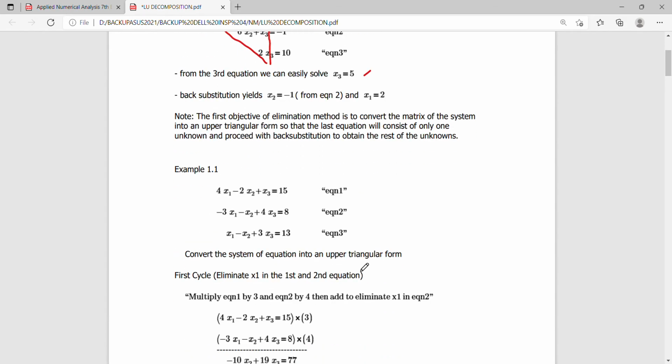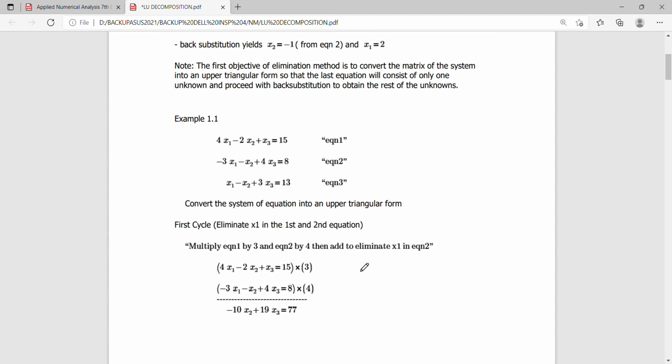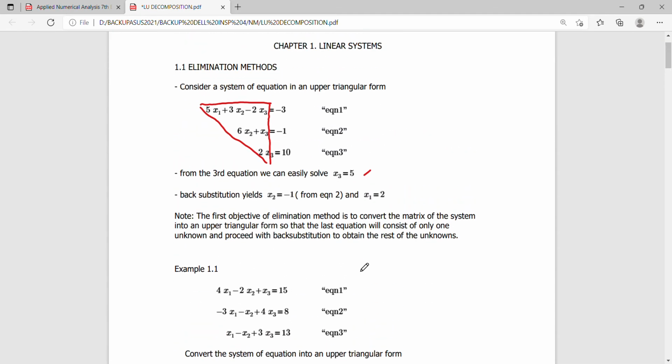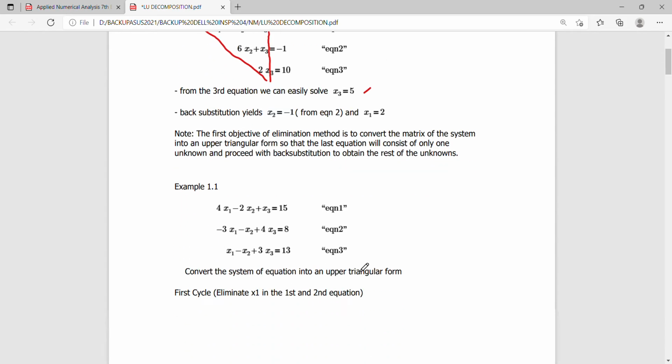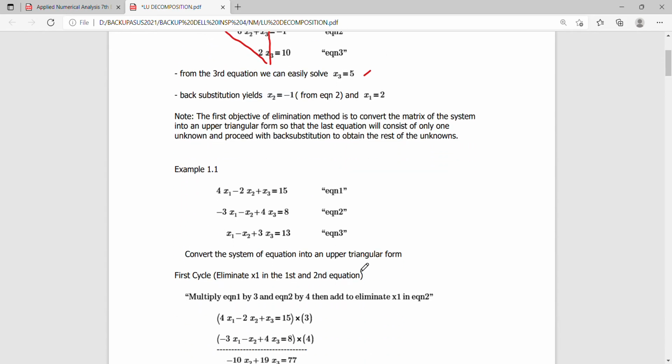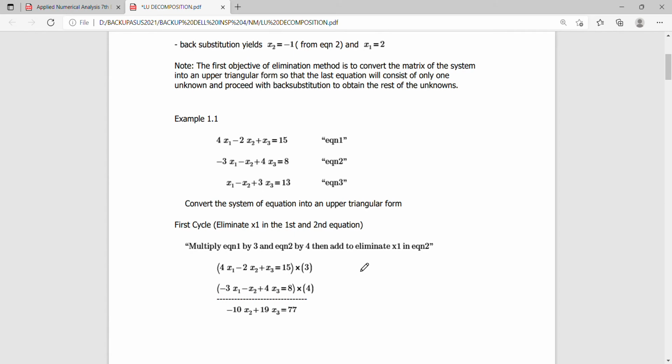So to give you a detailed procedure on how the triangularization, or the transformation from a matrix of a linear system to a triangular form, is made, we consider example 1.1, considering 3 equations 1, 2, and 3, and we ought to convert the system of these equations into an upper triangular form.